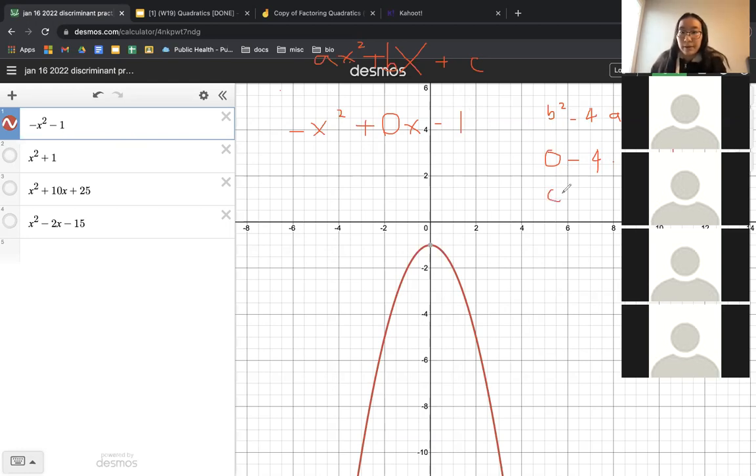So now it becomes 0 minus 4 times 1, because negative 1 times negative 1 is 1. 0 minus 4, negative 4. So the discriminant is negative 4. And like you saw in the slides, if the discriminant is negative, then there's going to be 0 real roots. 0 points where the graph touches the x-axis.